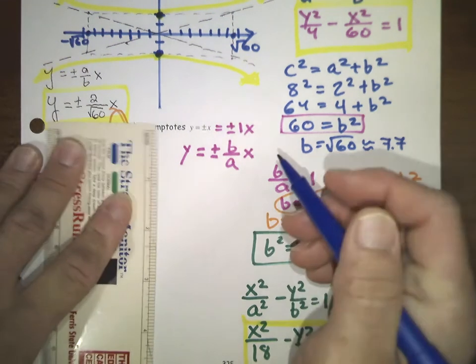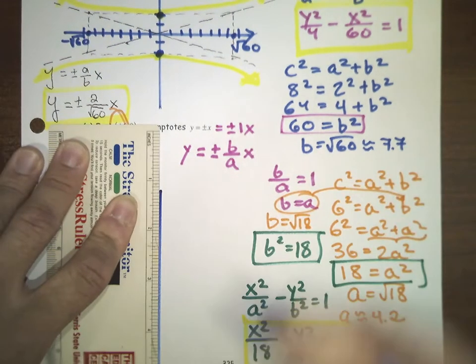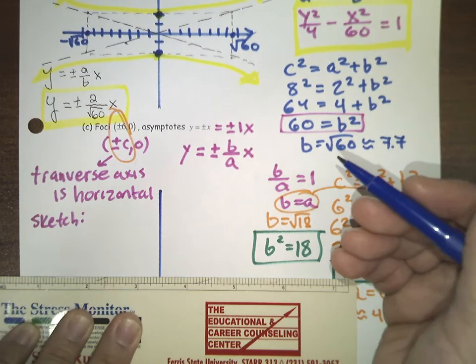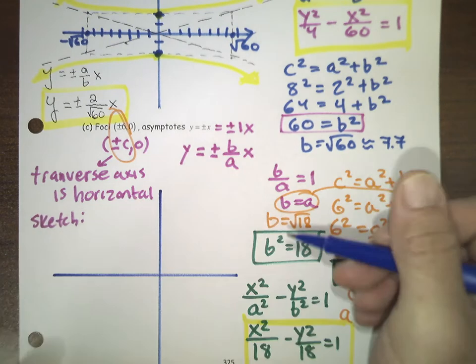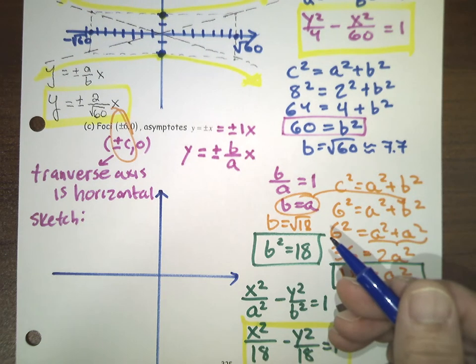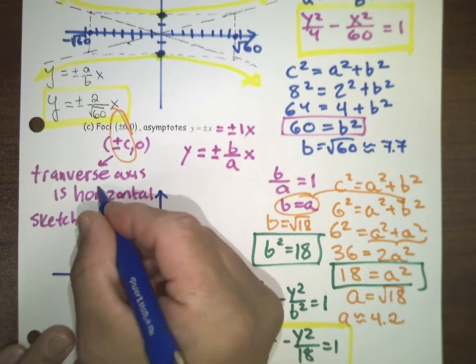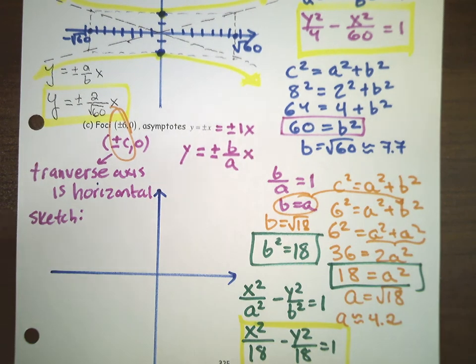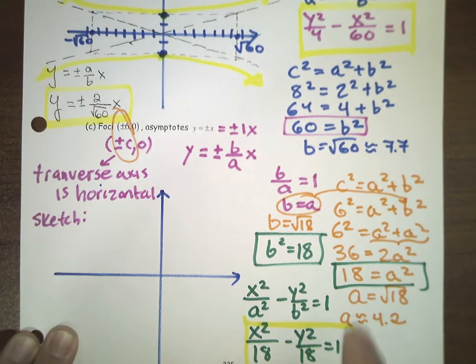All right, so let's go ahead and we will draw the graph here. All right, sketch the graph. So the vertices are along the horizontal axis, or the x-axis. So we saw that they were at the square root of 18, which is about 4.2.